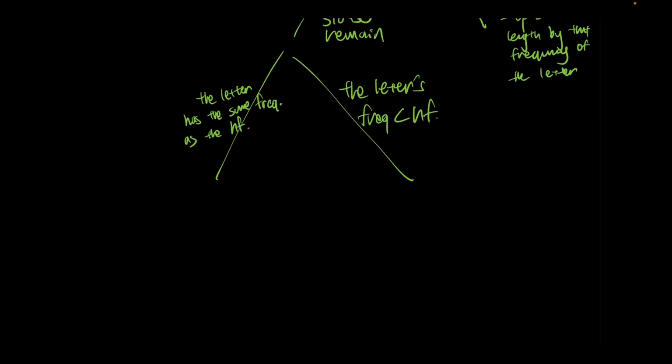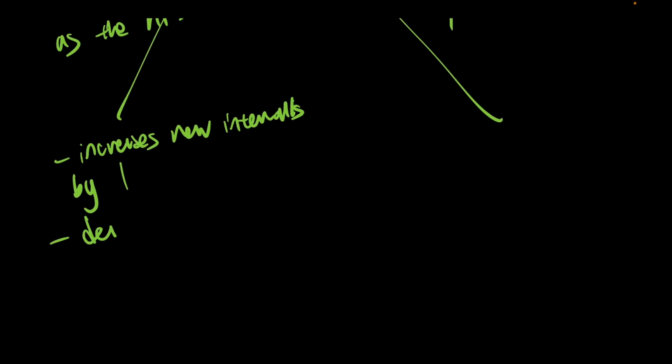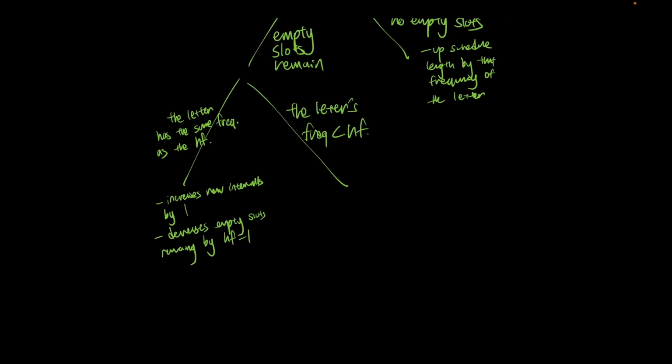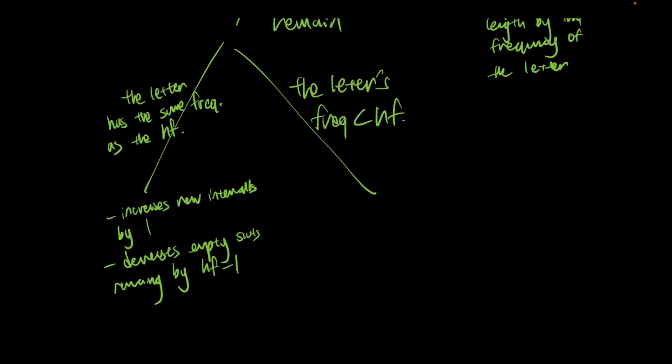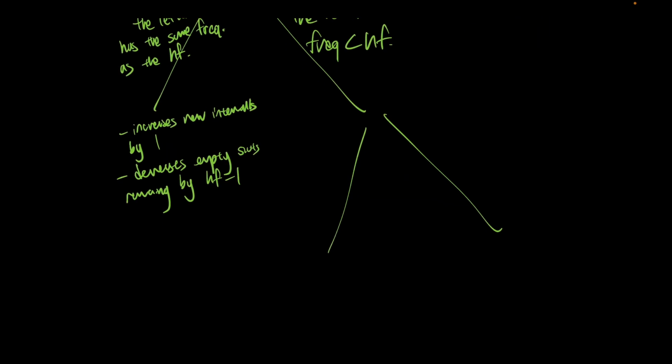So this increases intervals by 1, and decreases empty slots remaining by HF minus 1. Okay? And then there are these two subcases when the letter's frequency is less than H, the highest frequency.